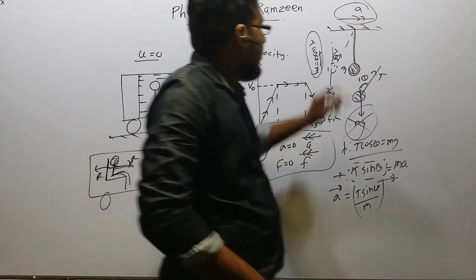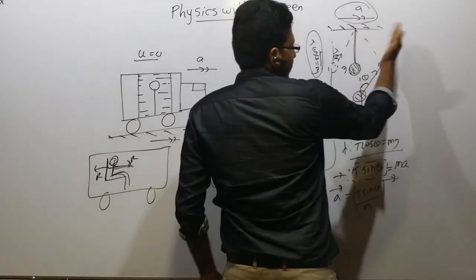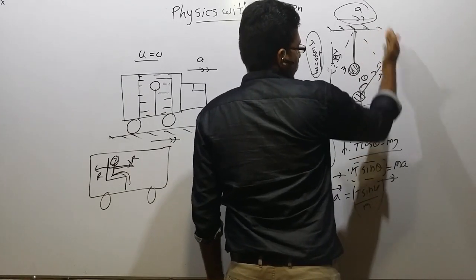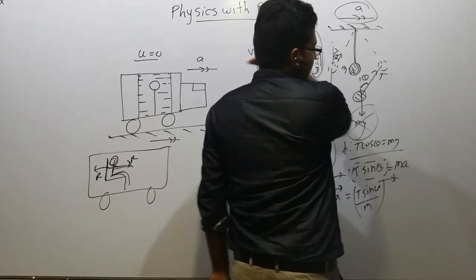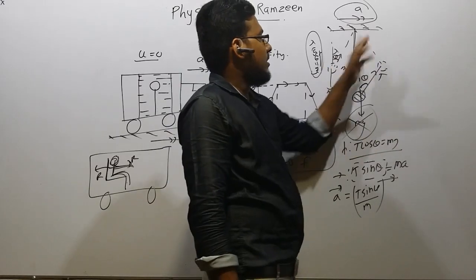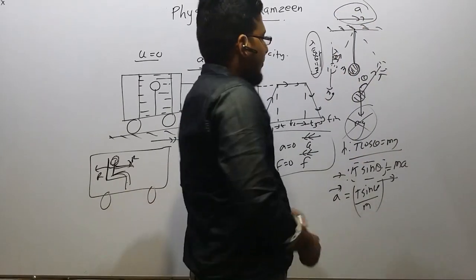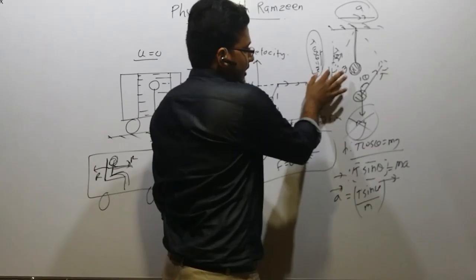If you think the position comes to this direction, what will happen? The T cos theta value balances the weight of the mass, and the T sin theta value is the resultant force acting on the mass, but in the opposite direction of the acceleration of the ceiling. So it will never happen like this. That's why the position moves in this direction.